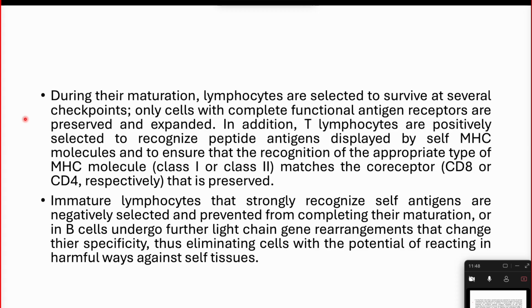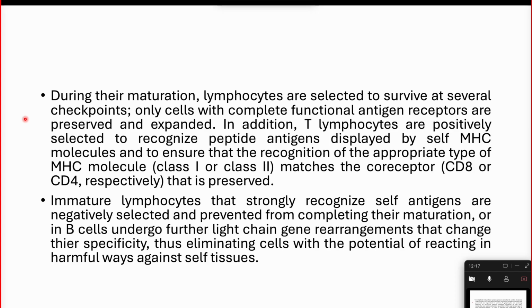In addition, T lymphocytes are positively selected to recognize peptide antigen displayed by self-MHC molecules and to ensure that the recognition of the appropriate type of MHC molecule, that is class 1 or class 2, matches the co-receptor. So for class 1 it will be CD8 positive T cell, and for class 2 it will be CD4 positive T cell, along with other co-receptors as well.